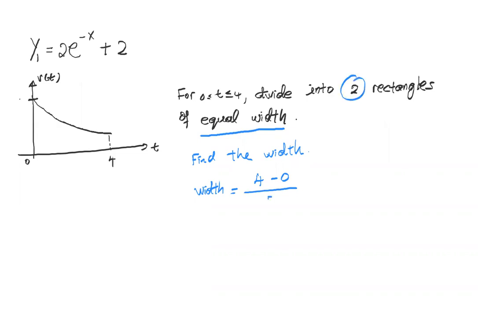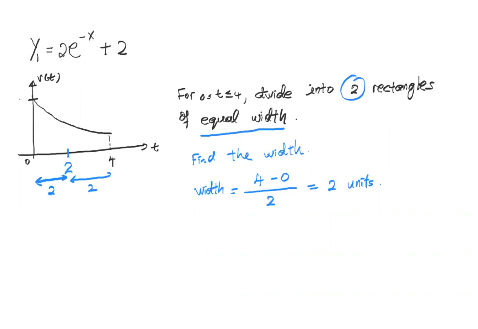So put the 2 here. So the width is 2 units, in this case 2 seconds. From 0 to 4, I mark down 2 here. You see the width of each one is 2. When we say width, we talk about the horizontal width of a rectangle. So the rectangle is going to be a vertical rectangle. So this one, the width is also 2 units. So that is called equal width.